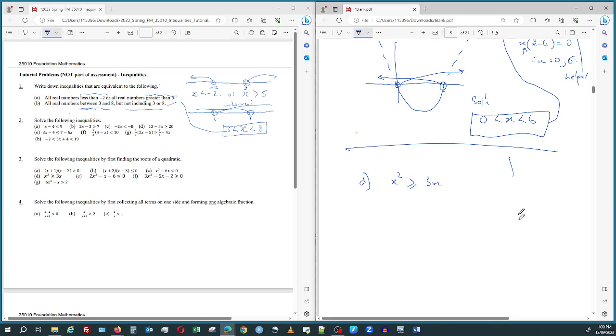So we have y equals x squared. There's your nice, lovely curve, y equals x squared. And if we scale it properly, what we should end up with is y equals 3x. Steeper. Now, somewhere up here, they're going to cross again. So we've got 2 values, 0 and whatever this one is.